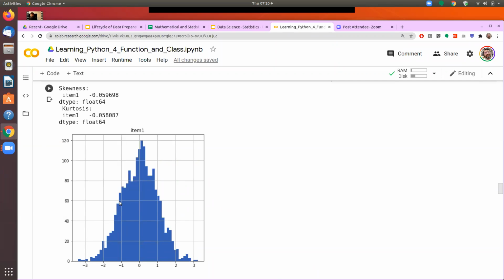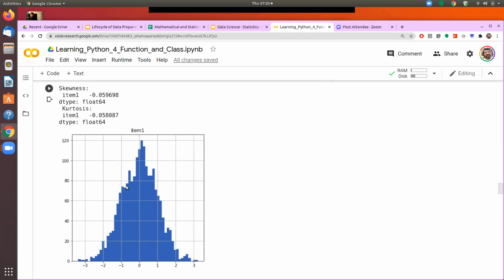Similarly, if we take this value around minus 1, the count of the values which is minus 1 is say around 70 or so. That is how you read a histogram. On the y-axis you have the frequency of the data, and on the x-axis we have the value of the data.